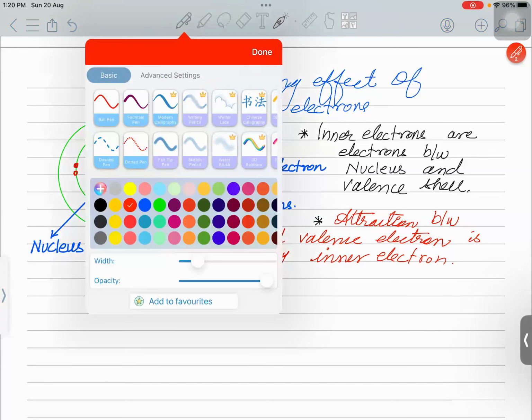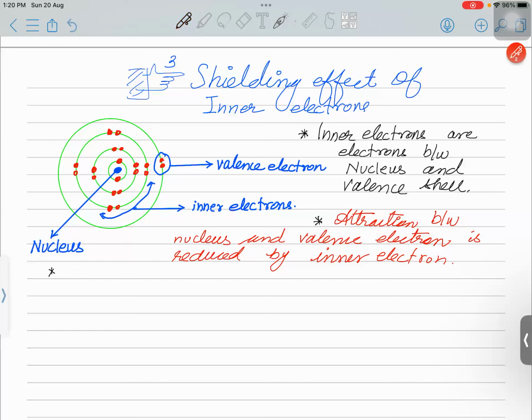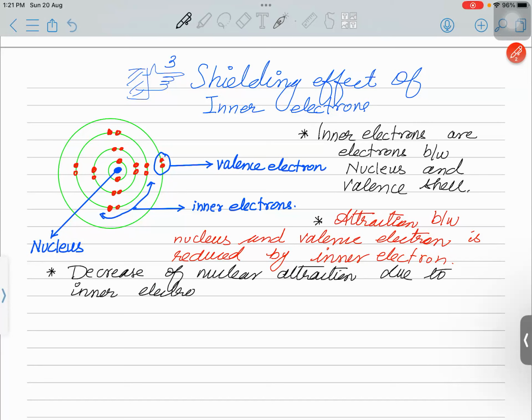Are you getting my point? Yes, sir. So the decrease of nuclear attraction due to inner electrons is called the shielding effect of inner electrons.